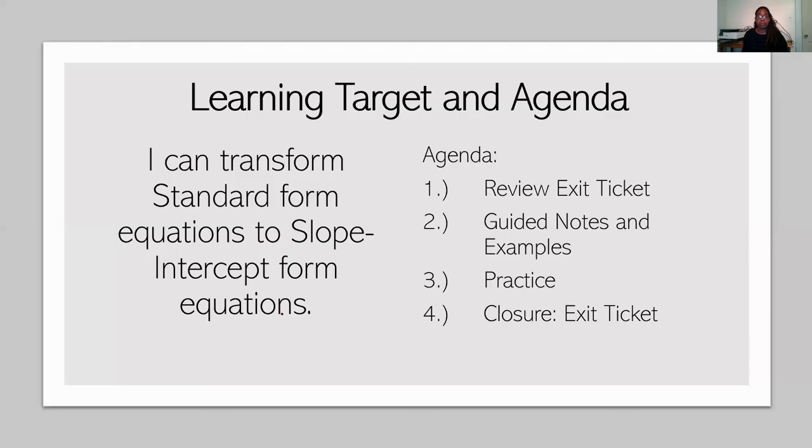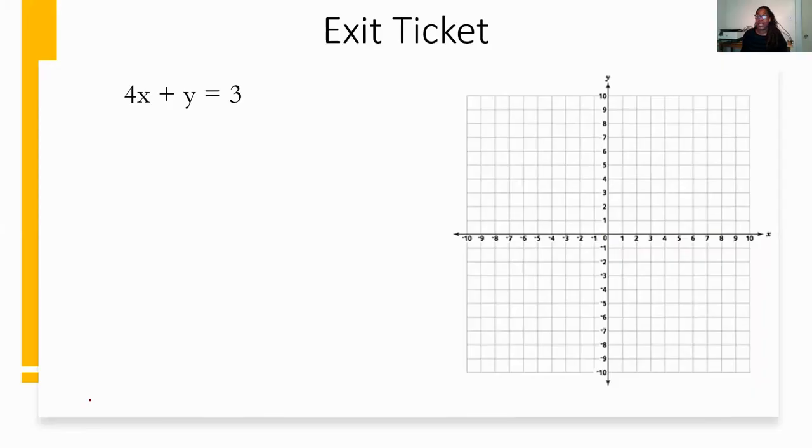So, did we do some learning of transforming from standard form to slope-intercept form? Yes, we did. We already reviewed that exit ticket. We did some guided notes and some examples, and we did one practice. Now we just have to look at our exit ticket. So for the exit ticket, I just want you to use this one problem, okay? Go from standard form to slope-intercept form and try to graph it as best you can.